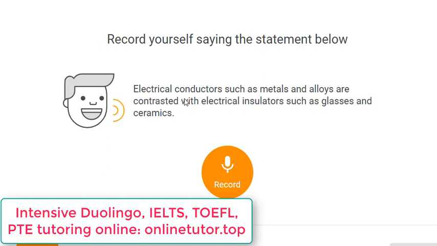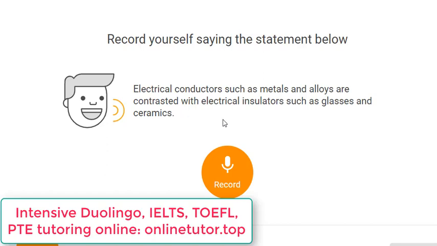Then, on the third place go those, I forgot the technical term. So subject, predicate, those modifiers, specifiers, it doesn't matter. Objects, okay, so objects. What contrasted with what? With insulators. So this is the third word. And then maybe glasses and ceramics or something like that.